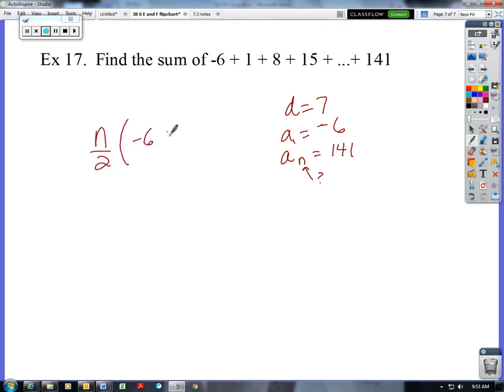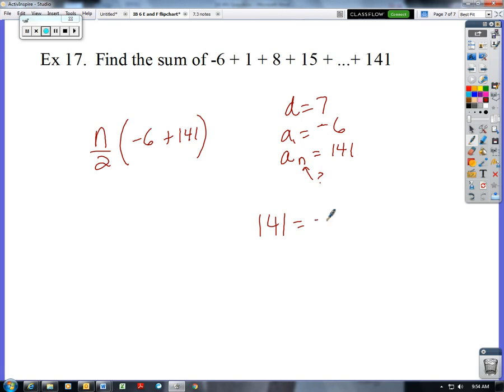So I know this much of my formula, but I need to find n. So that means I'm going to need to use the arithmetic sequence formula. Let me think about this. I'm trying to think of the fastest way to do it. But we know d and we know a sub 1. Oh yeah, cinch. So 141, we just plug it in. We have all the information we need.